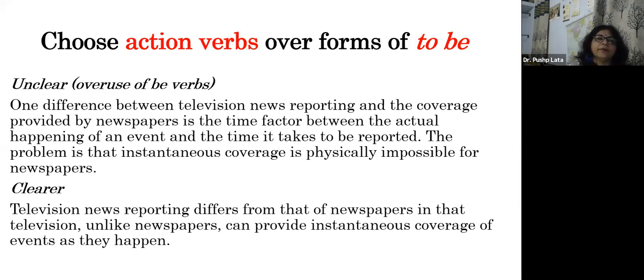So it will be clearer if you say television news reporting differs from that of newspapers in that television, unlike newspapers, can provide instantaneous coverage of the events as they happen. So you can see that the use of action verbs makes your writing rather clearer.